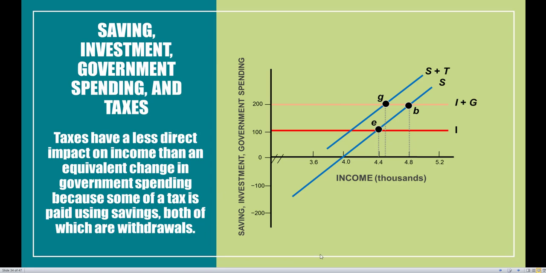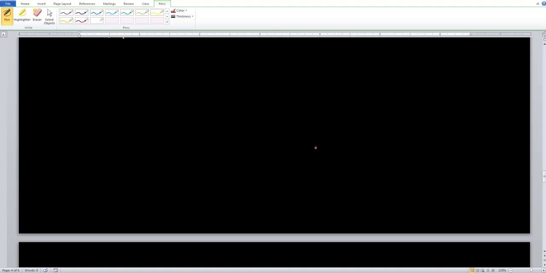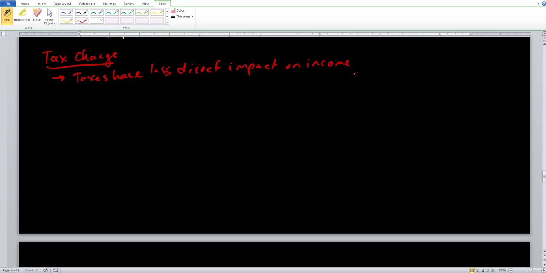So let's go ahead and take a look at the tax change and see why it's going to have a less direct impact in our economy than an equivalent change in government spending. With the tax change, the main conclusion that we want to draw out is that taxes have less direct impact on income, so equilibrium or aggregate income, than an equivalent change in government spending.